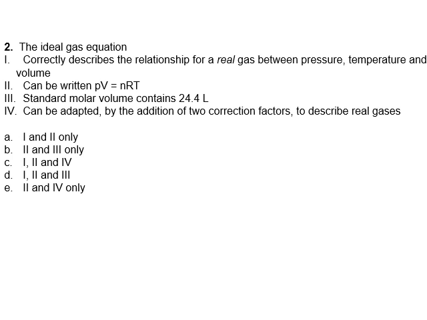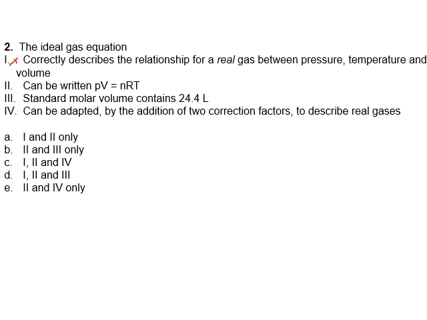So what I usually do is I go through each one and put either a check or an X next to it. And so I'm going to put an X next to 1 here because it's wrong, because it doesn't correctly describe the relationship for a real gas. It describes the relationship for an ideal gas.